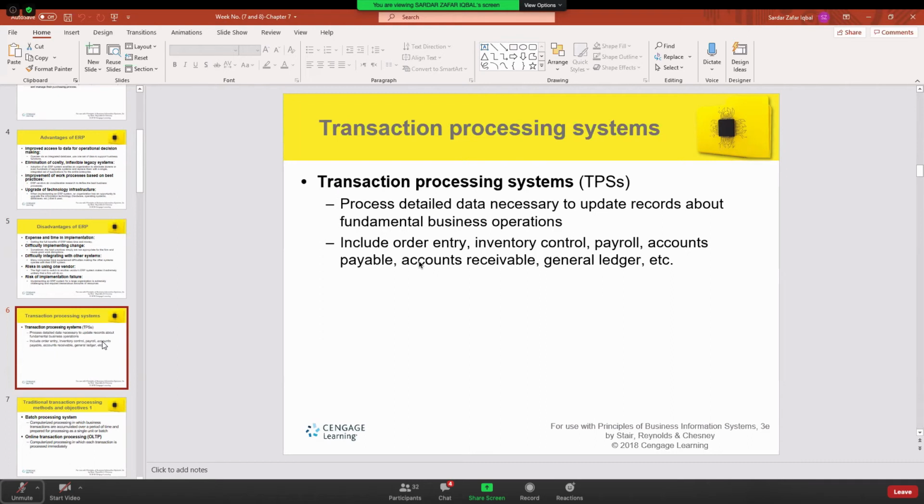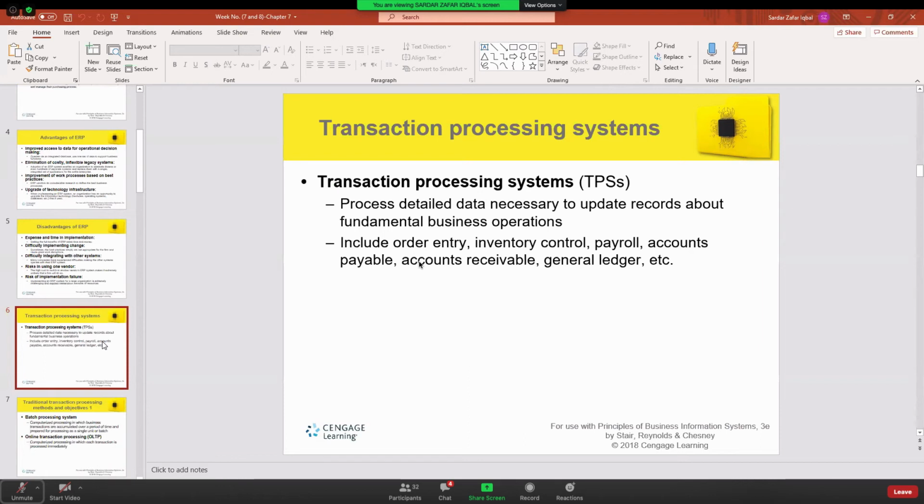It processes detailed data necessary to update records about fundamental business operations, including order entry, inventory control, payroll, accounts payable, accounts receivable, and general ledger. It is about accounts, like a banking system, like an ATM, where you are performing transactions, or online banking.